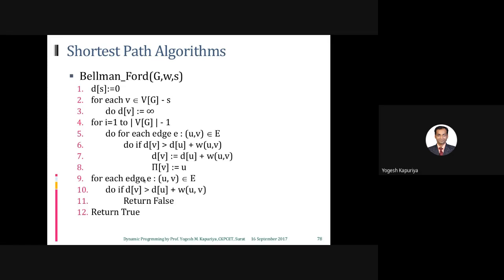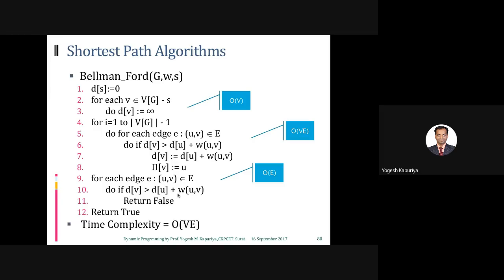Then 9, 10, 11 again for every edge, so big O of E. So big O of VE plus big O of V. If you add all these, what is the highest order term? The highest order term is big O of VE. So that's why the time complexity of this algorithm will be big O of VE. This is what is being mentioned. Okay, so this is the shortest path algorithm by Bellman-Ford.